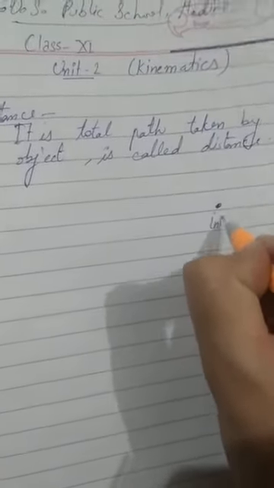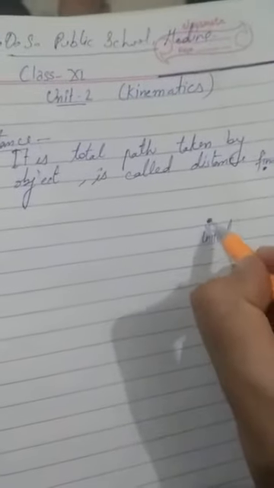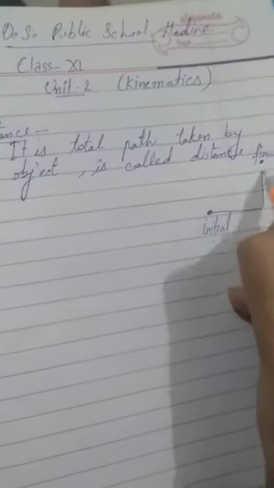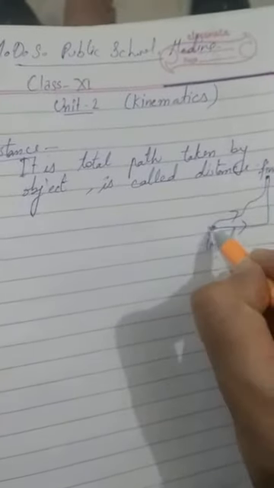For example, here we take an object that starts moving. This is the initial point, the starting point, and this is the final point. From here to there the object can take this path, or this path, or any other path.